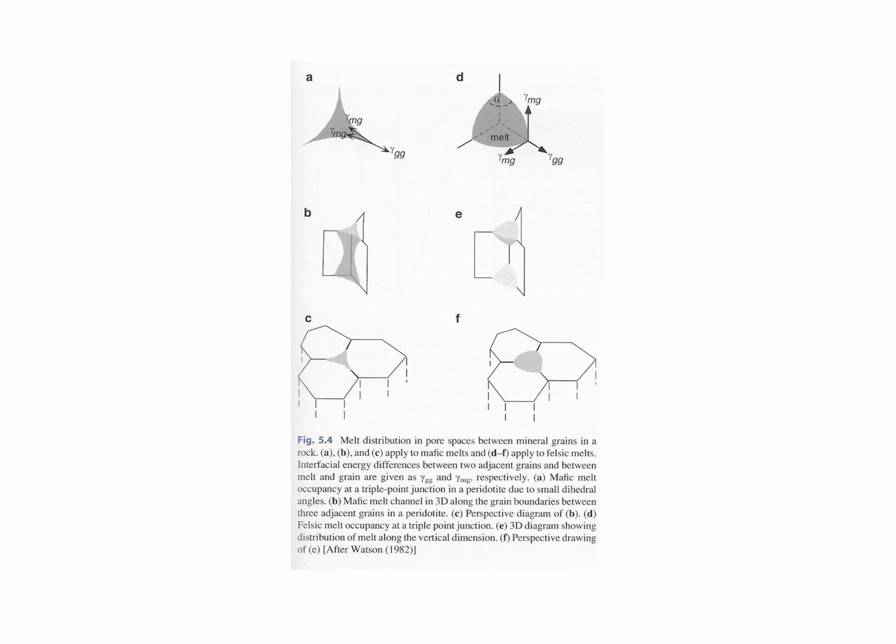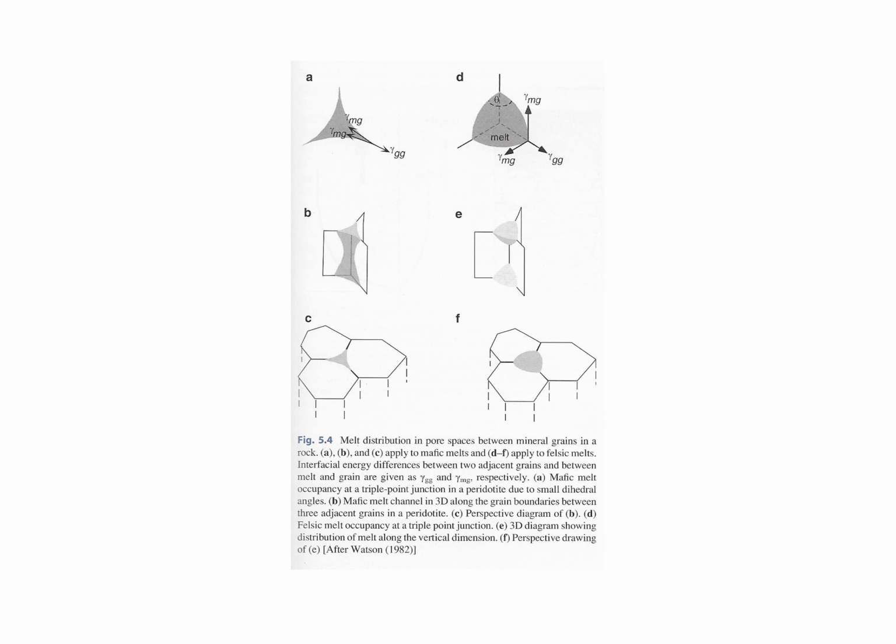So we have here A, B, C, and what is written here, we are talking about melt distribution in pore spaces between mineral grains in a rock. A, B, and C applied to mafic melts, and D to F applied to felsic melts, yeah?